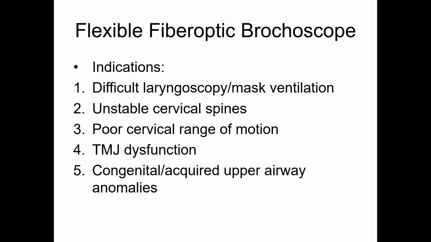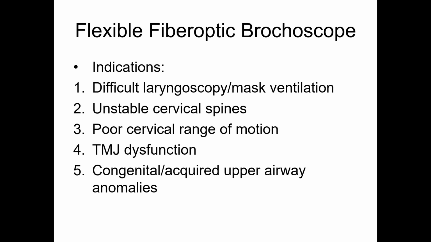Another indication is unstable cervical spine. The patient has a cervical spine injury, and we are not allowed to move his neck. Also, poor cervical range of motion because of disease, such as rheumatoid arthritis. Also, when the patient cannot open his mouth properly, and temporomandibular joint dysfunction.